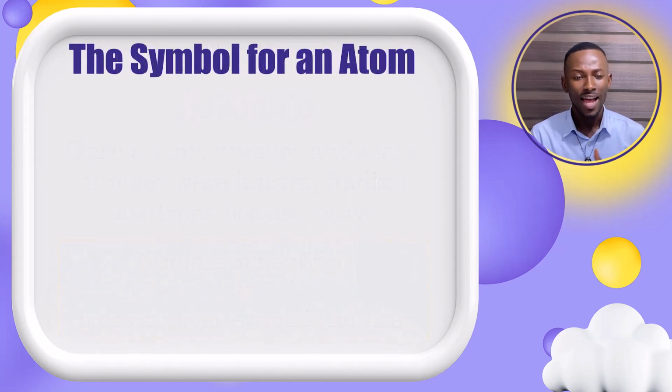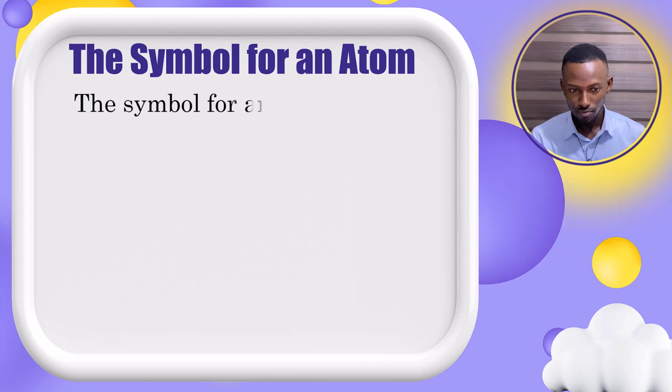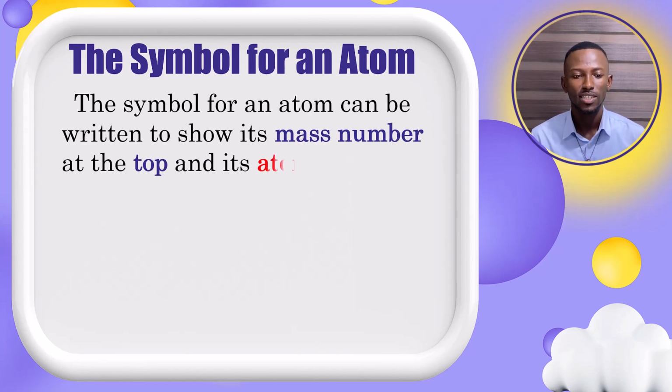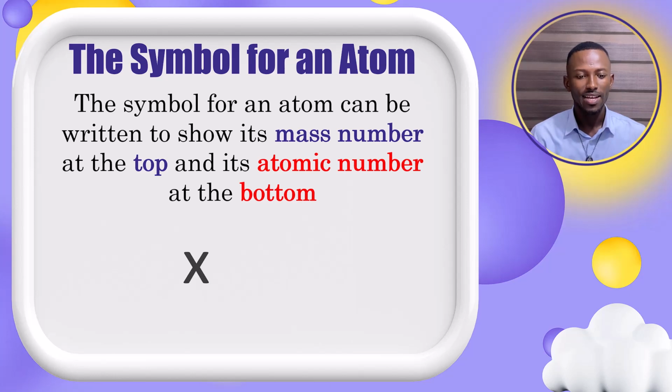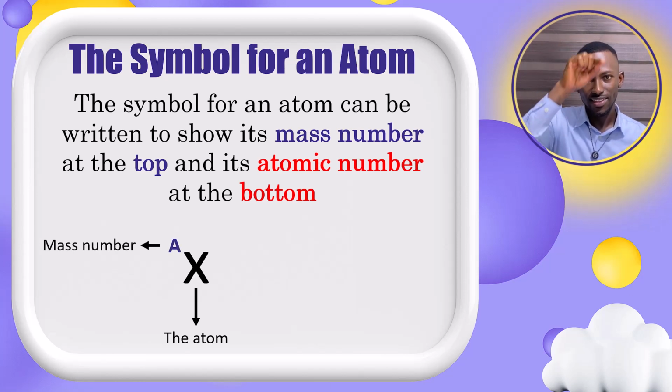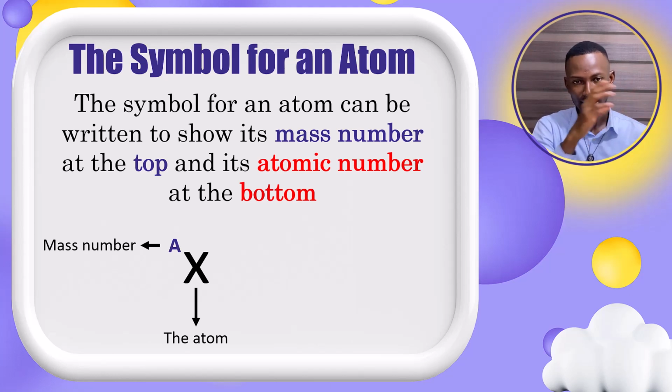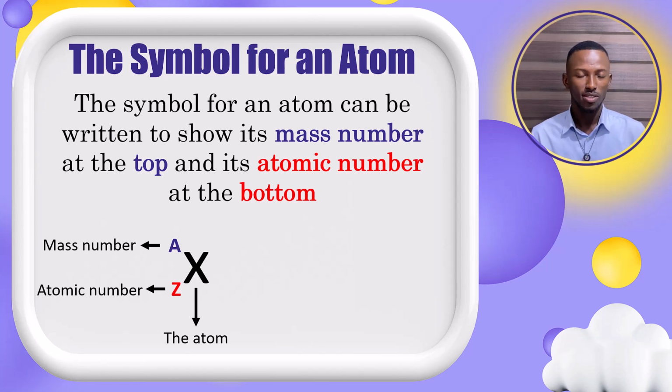And lastly, let's look at the symbols for atoms. How are atoms represented? The symbol of an atom can be written to show its mass number at the top and atomic number at the bottom. Let's assume X to be a certain unknown atom. If that is the symbol of the atom, then A will be the mass number, and Z is the atomic number. So take note of this.